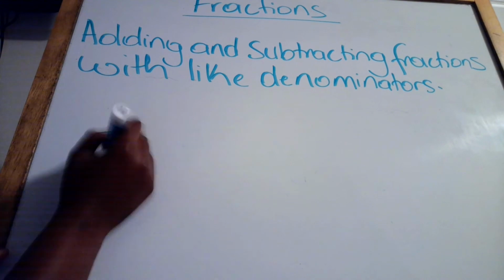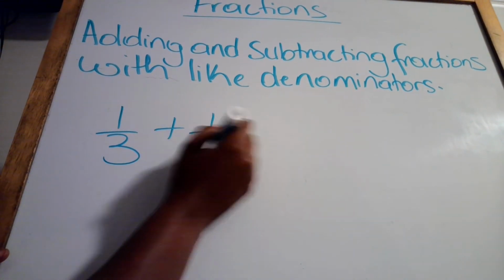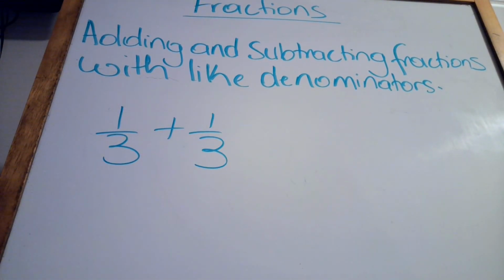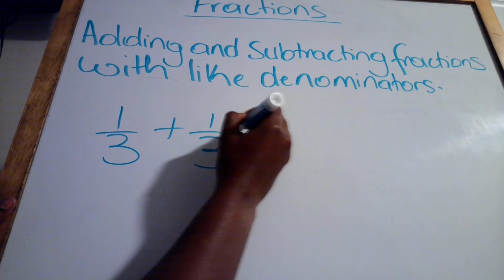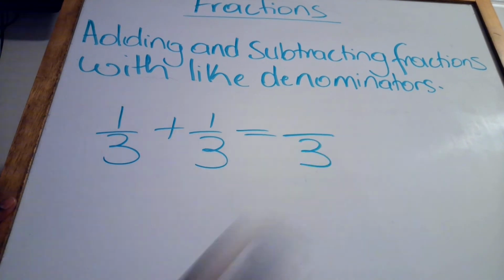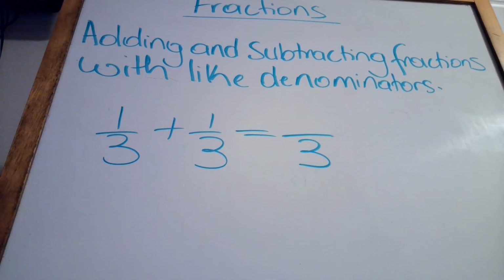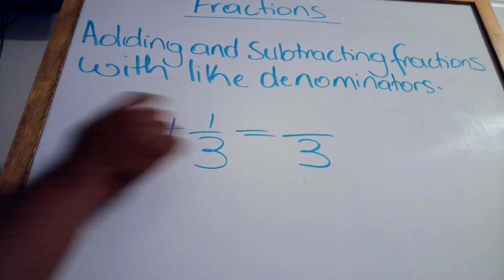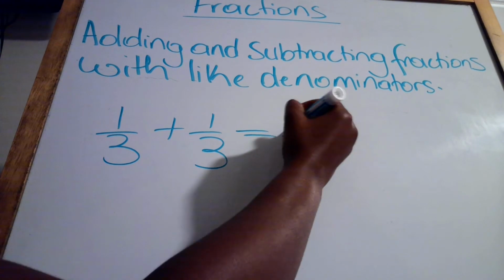1/3 plus 1/3. When you're adding or subtracting fractions and the denominators are the same, you write back the denominator and you carry out the operation with the numerator. So we are going to add the numerators. 1 plus 1 would give us 2.